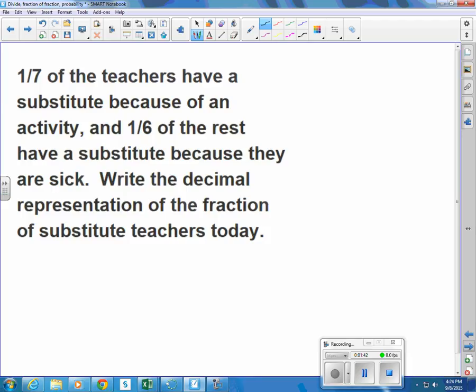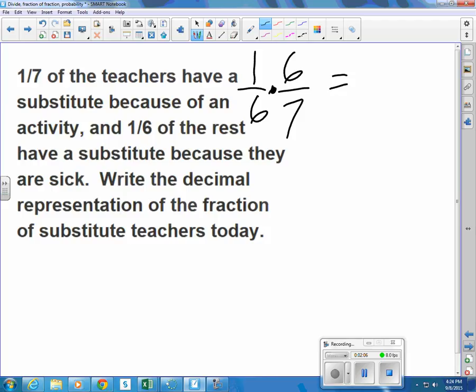1/7 have a substitute, so there's 6/7 that do not, and 1/6 of those have substitutes because they are sick. So we want to look at what fraction have substitutes total. So 1/6 times 1/7.